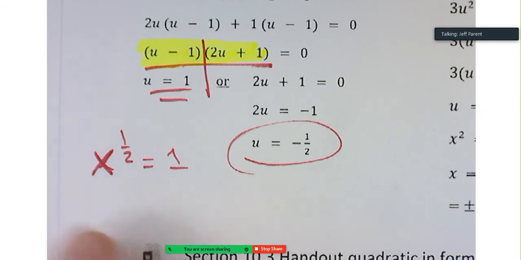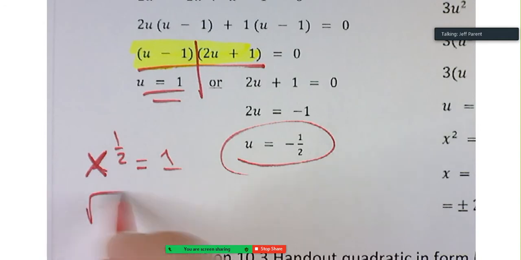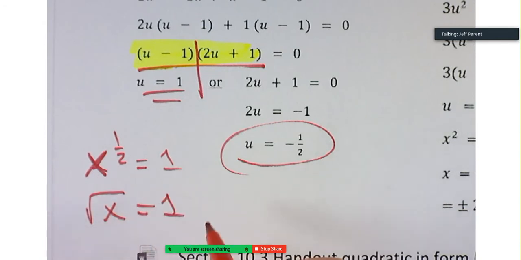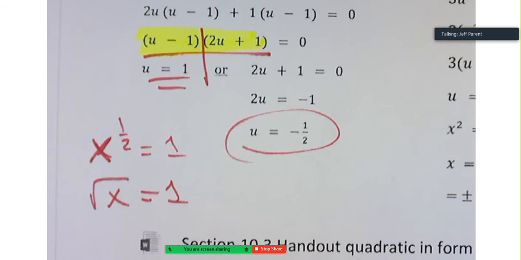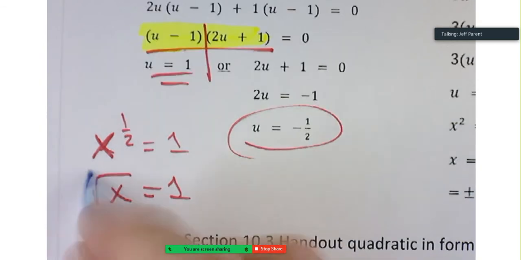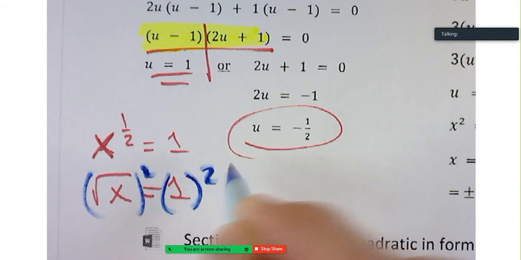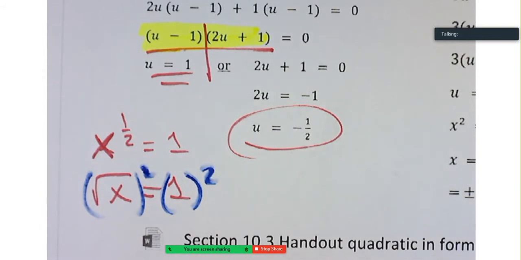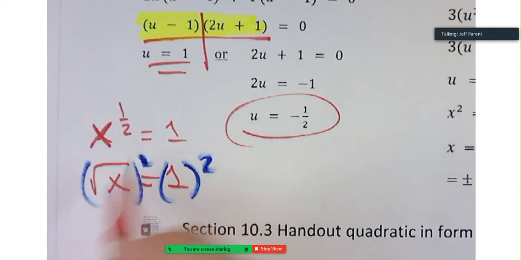You might remember that x to the 1/2 is the same thing as the square root of x. And to solve for x, what can I do on both sides? Square them. Perfect. When you square them, this cancels and I get an x. 1 squared is 1.